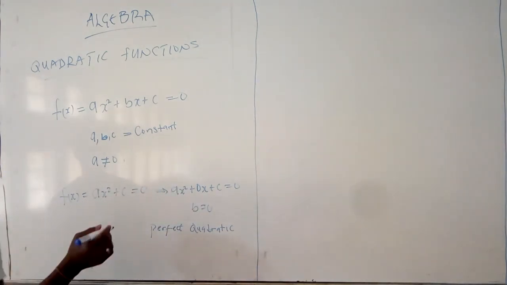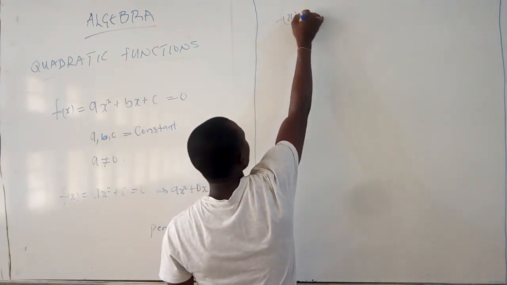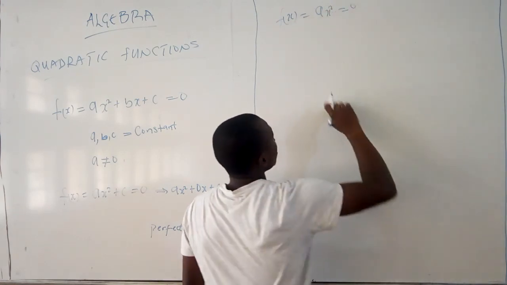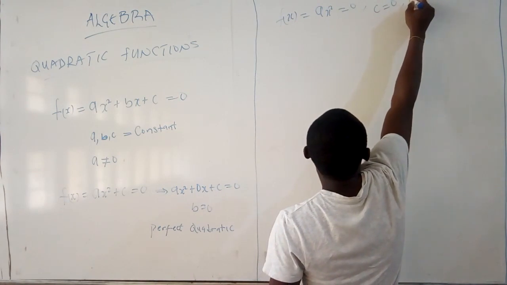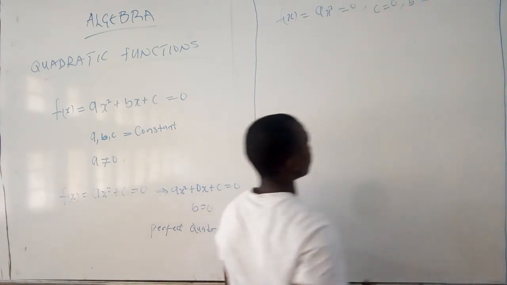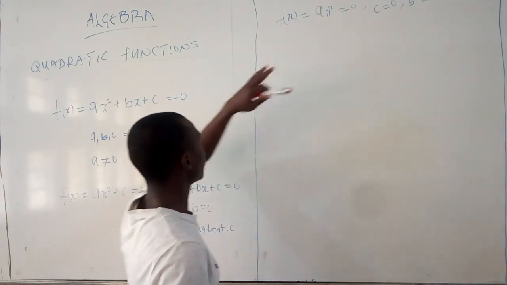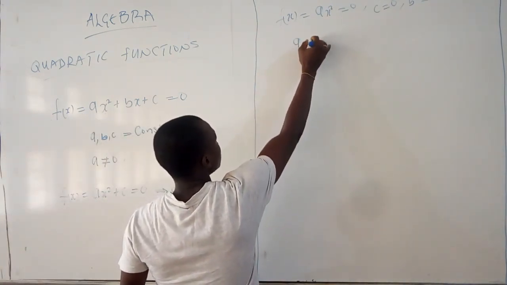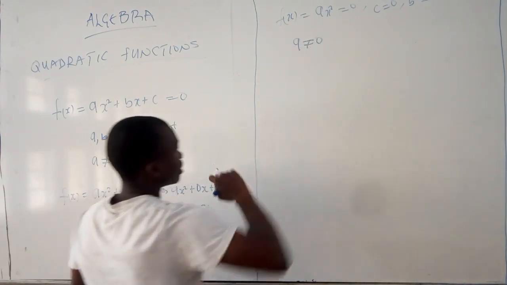And there may be a situation whereby you can have f of x equal to ax squared equal to 0. In this case, your c is equal to 0 and your b is equal to 0. So all these are quadratic equations. All that matters is your a must not be equal to 0 for you to have a quadratic equation.